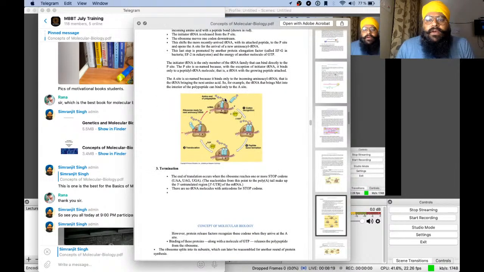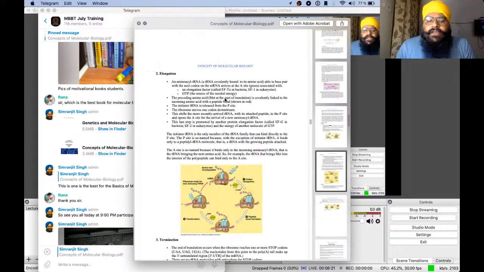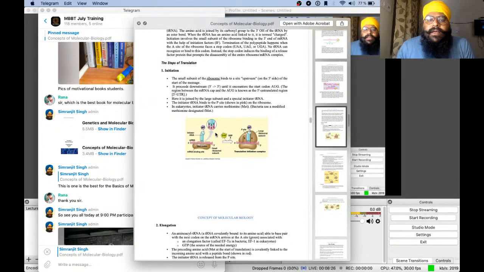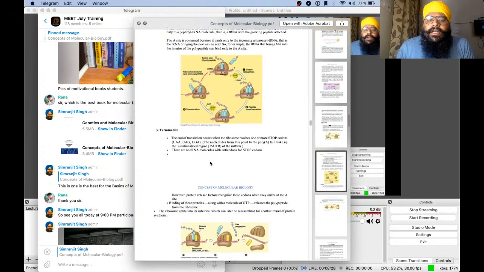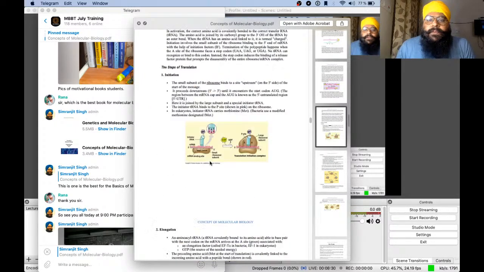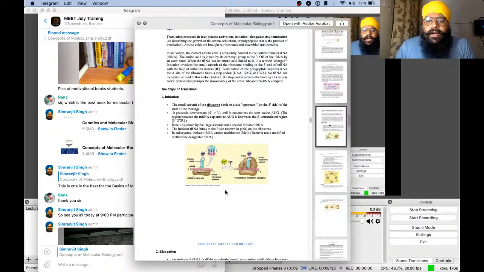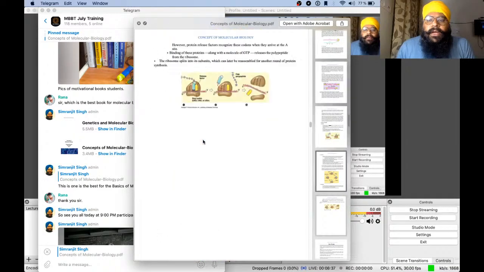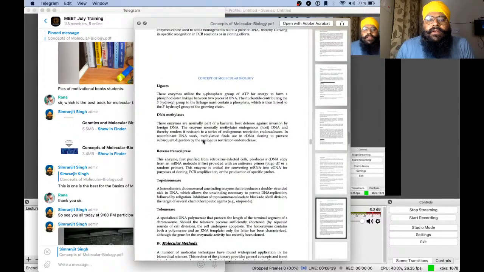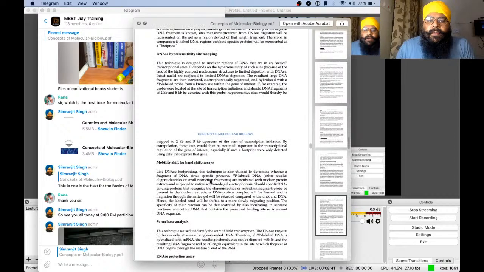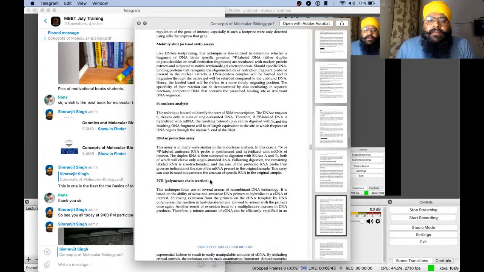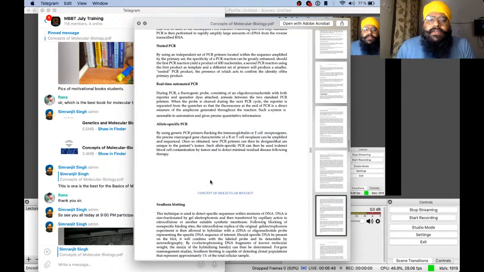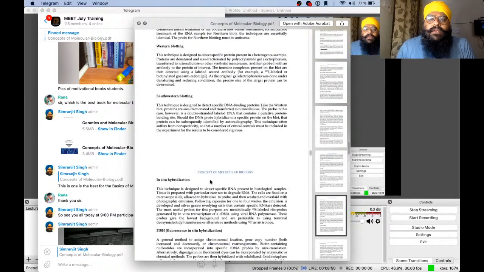It also has all the transcription and translation, and within the translation there are 3 steps: initiation, elongation, and termination. They are also explained very nicely with the full diagram and with the various steps in it. So one of the brightest books ever. You can use it for yourself. And some nice terms are coming up: RNase protection assay, PCR, RT-PCR, nested PCR, real-time PCR, southern blotting, northern blotting.